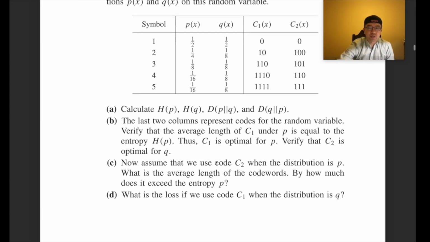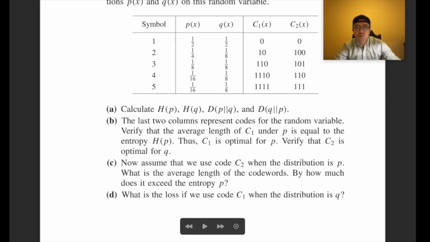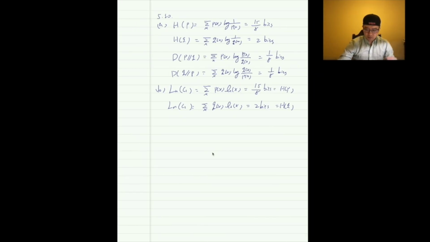And the next question is, let's assume that we use code C2 when the distribution is P. So what is the average length of the codewords? By how much does it exceed the entropy of P, right? Okay, so let's verify that. We denote this as L prime of C2, right? Basically, we just use this probability and then L2. So we can see this is 2 bits, okay?